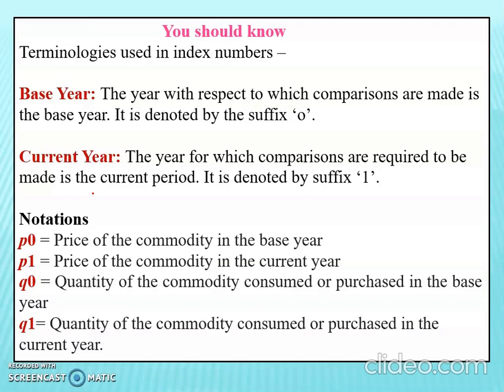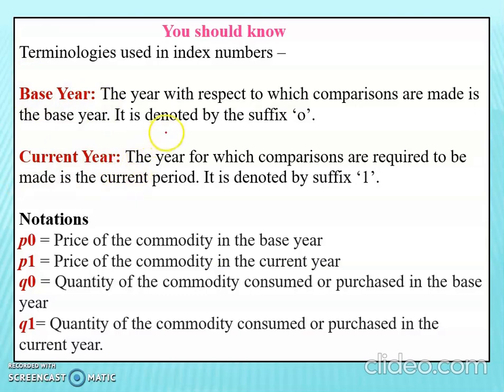with the year 2016-17. It means here you are comparing year 2021 with 2016-17. Here 2016-17 is the base year and the current year is 2020-21.